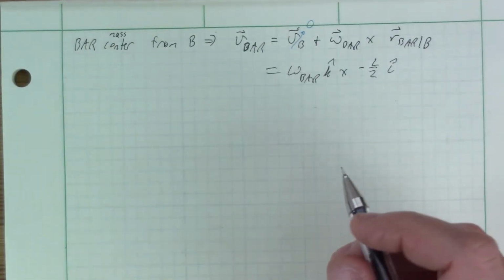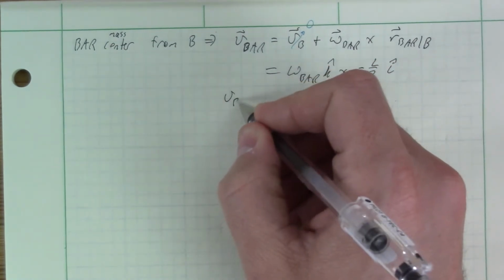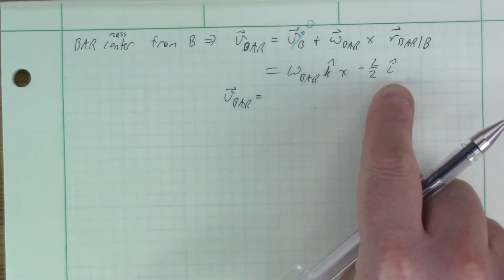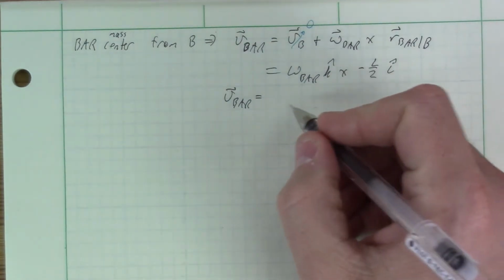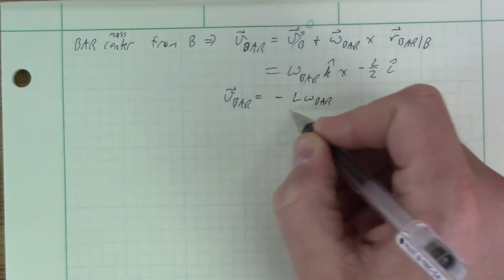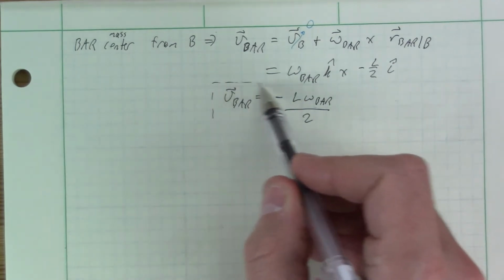Okay, and so from this we know that our velocity of the bar is, well, k cross i hat is positive j hat, but there's a negative in there, so we've got a minus L omega bar over 2, and that's it, right?